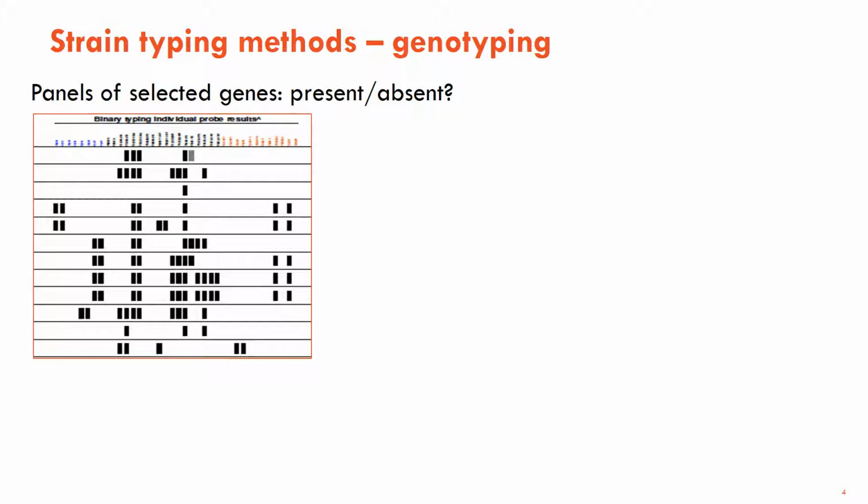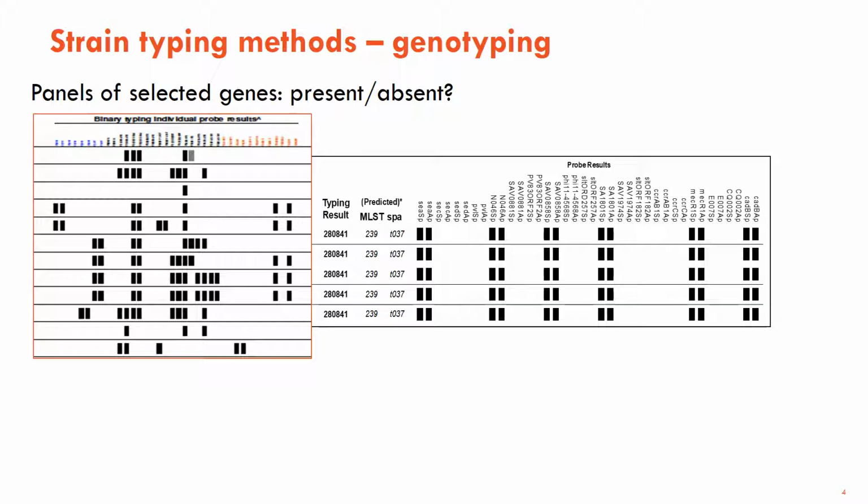If the patterns are different, as shown in this diagram, mostly, we can infer that they're not related, although there are two in this group that are indistinguishable. But if some or all of the isolates are indistinguishable from each other, this would lead us to suspect that they're part of an outbreak.